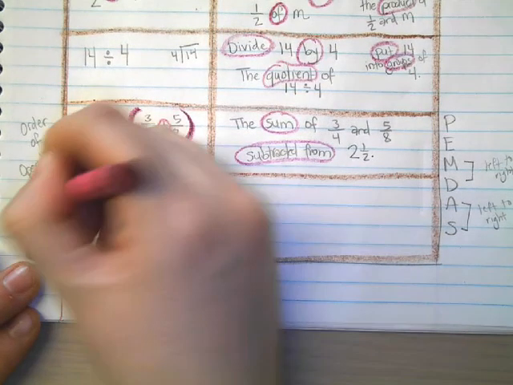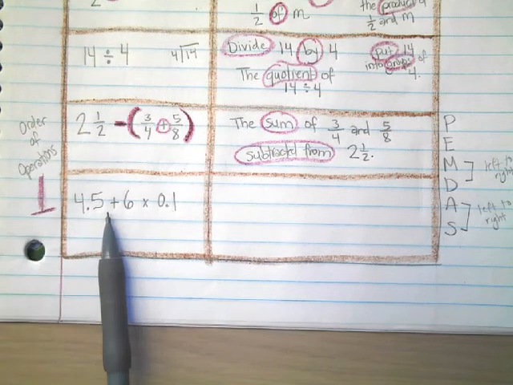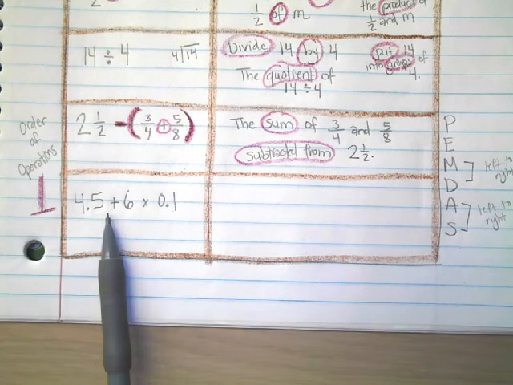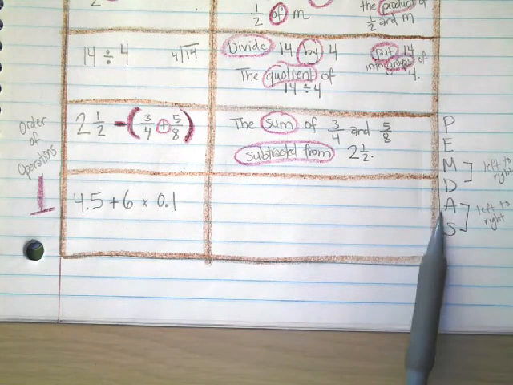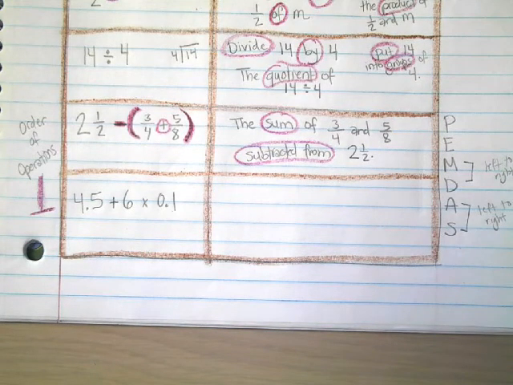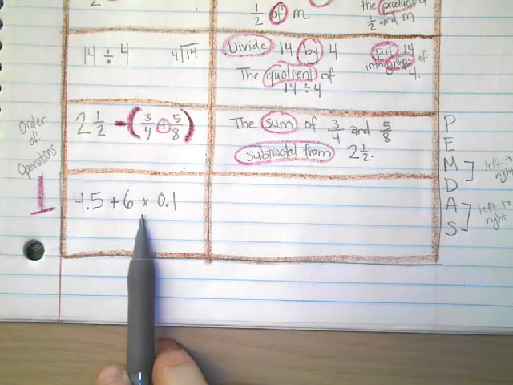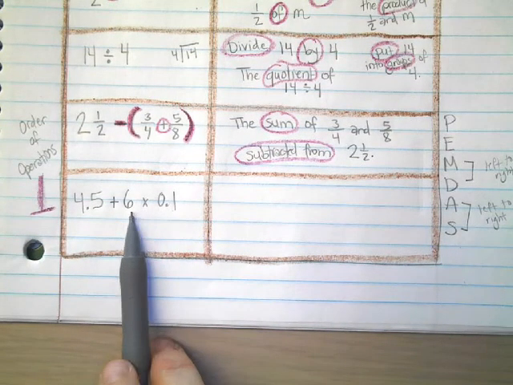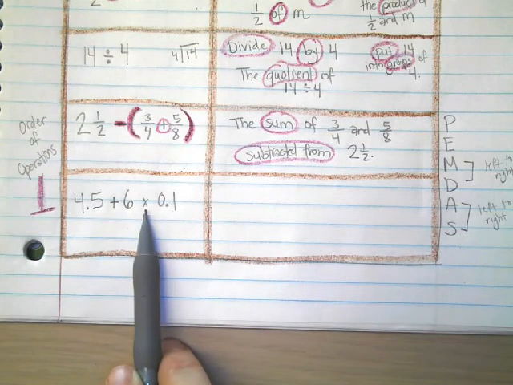So this is the same thing, I have to use the order of operations in this problem as well. If I'm using the order of operations, does addition come first or does multiplication come first? Look over there at the PEMDAS and decide what comes first, addition or multiplication. Add is down here and multiply is above it. So multiplication comes first. Okay, this is what I have to do first.